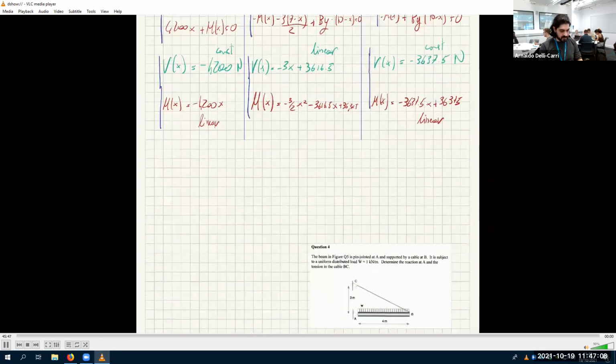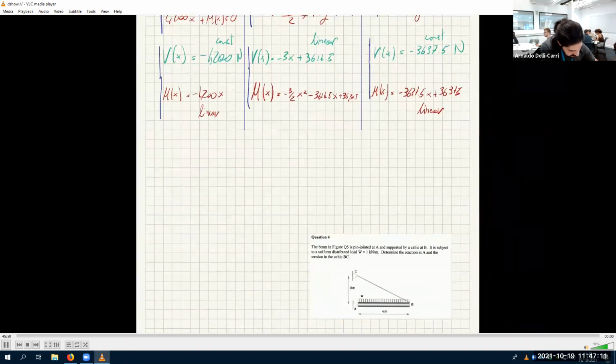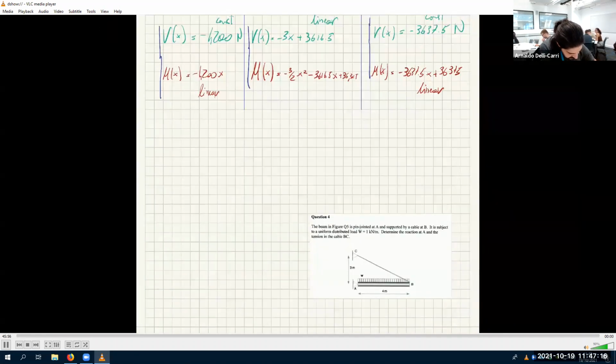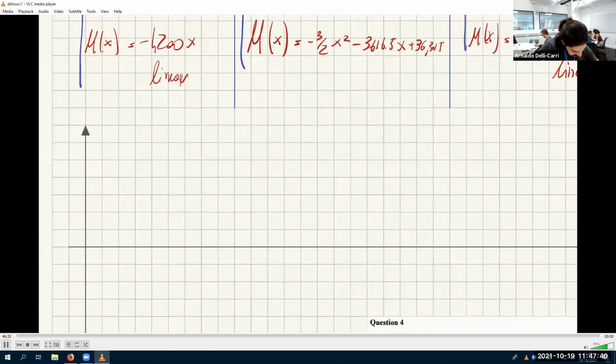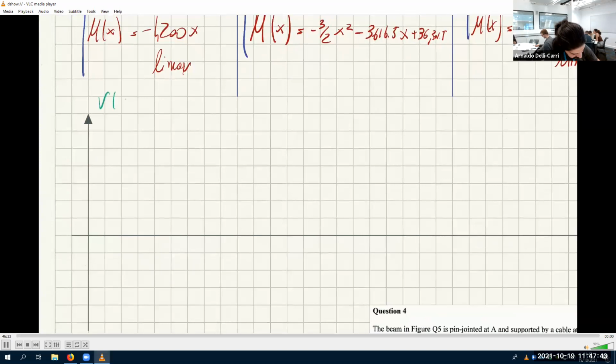Okay. So let's find out the actual thing. So if I start from here, and this is my x in meters, and this is my v of x in newtons, and this is also my m of x in Newton meters.